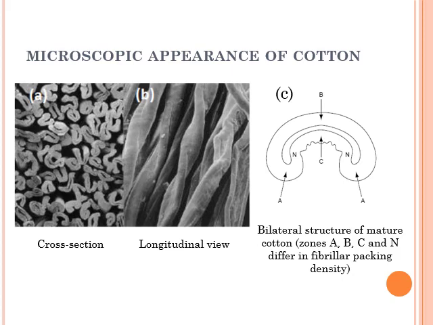Type 2 are coarser species with shorter staple lengths, about 13 to 33 mm, such as American upland cottons, and type 3 species have still shorter staple lengths, about 9 to 25 mm, commonly produced in various Asian countries.